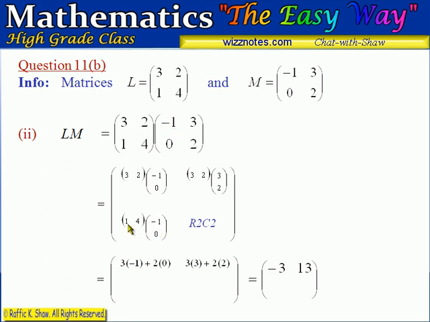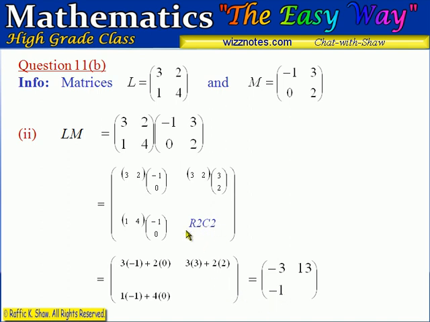And so we'll multiply this 1 by this -1 and this 4 by this 0. And we'll do that calculation right here. So it's 1 multiplied by -1, that's -1, and 4 multiplied by 0 is 0. So the result of this calculation is -1. And so this element here is -1.